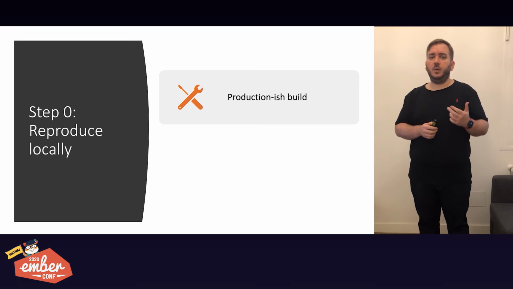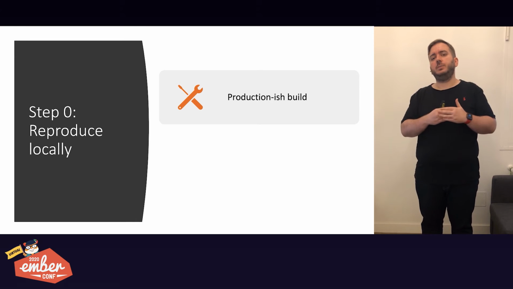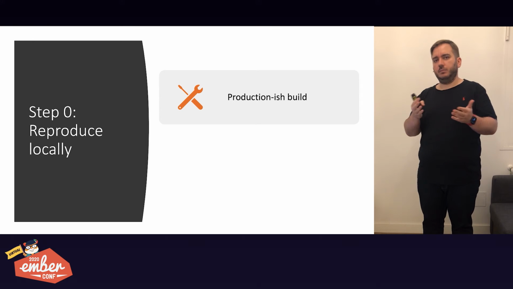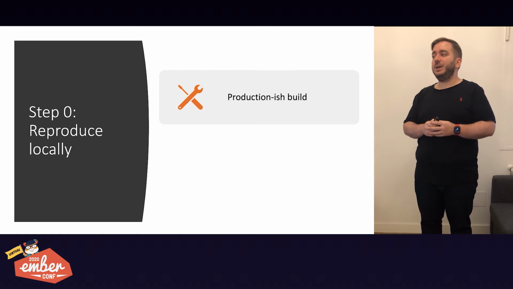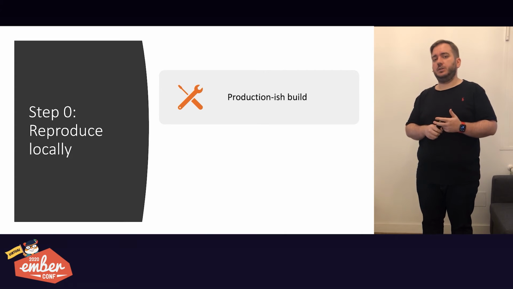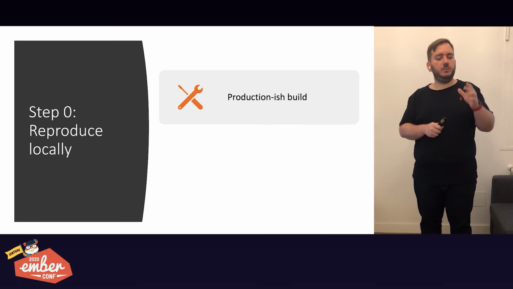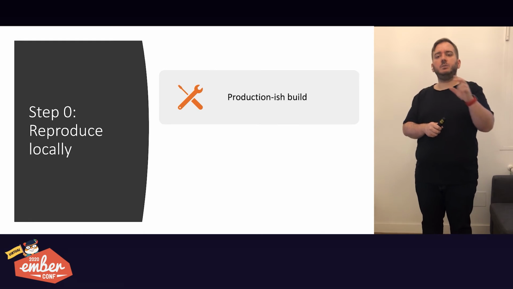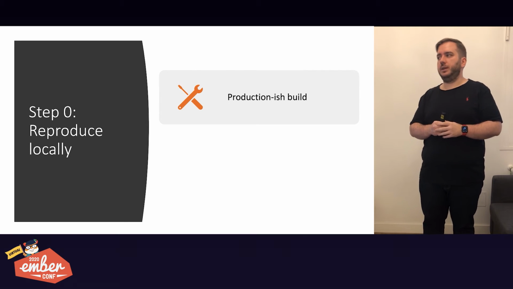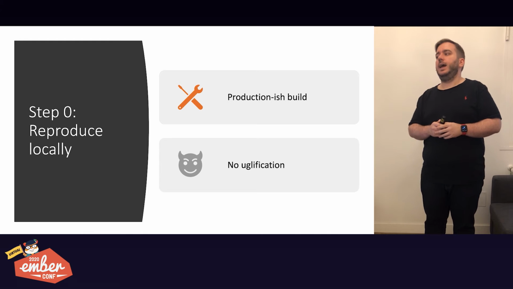Use a production build, because we want the build to be as close as possible to production. That means we might need to remove some loggers or some services. If we were building the FastBoot application and moving it to another project, we would be doing that here. We want to be as close as possible.